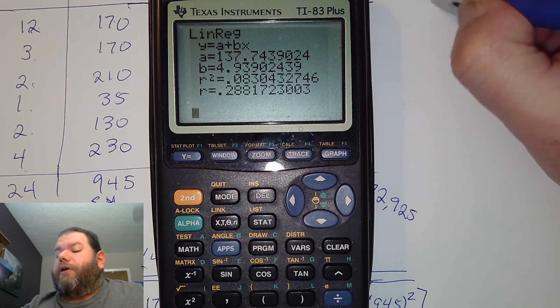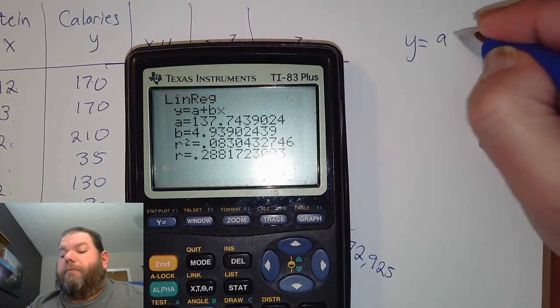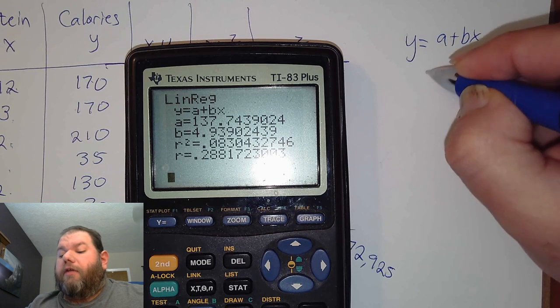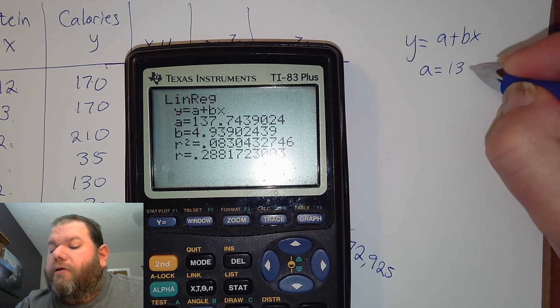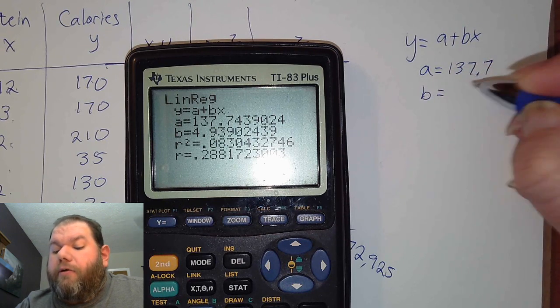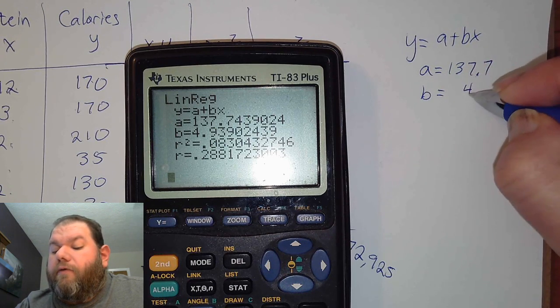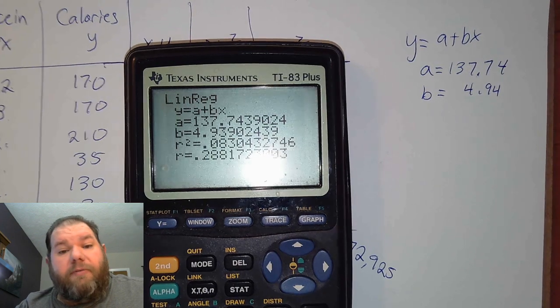And so we got y equals a plus bx. Our a value is 137.7. Our b value is 4.9. I'll go to 2 decimal places just for a little bit more accuracy.